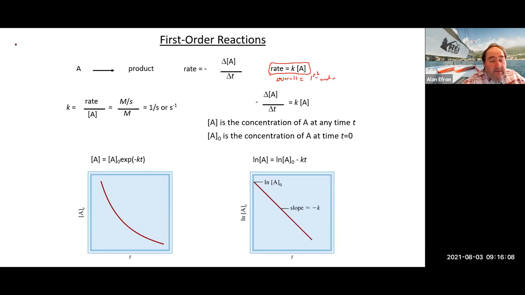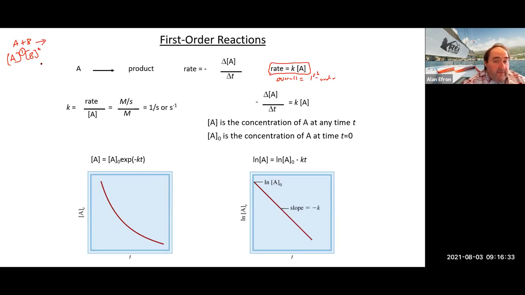You could also have 2 reactants where, say, A is first order and B is 0 order, right? And that basically would be first order overall. So there are multiple ways you get to a first order reaction. A lot of times it does involve 1 reactant, but it could involve 2 reactants where one of the other reactants is 0 order.